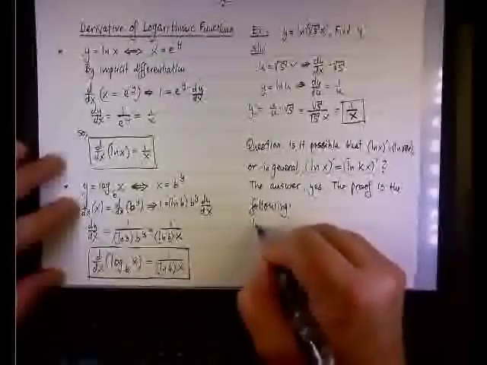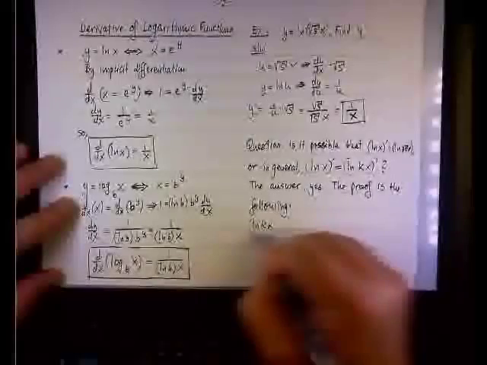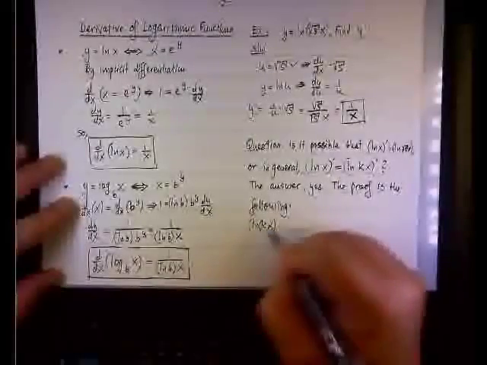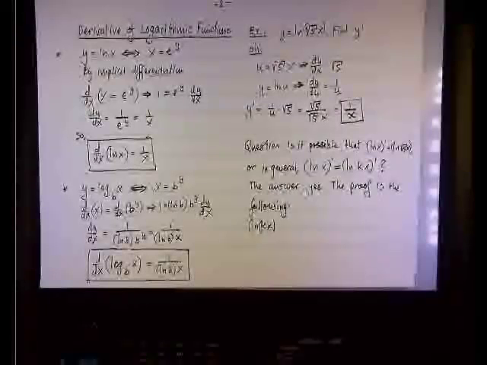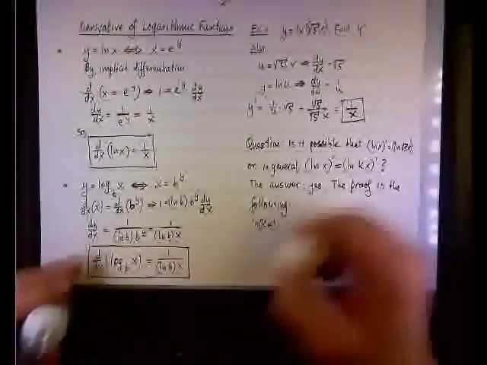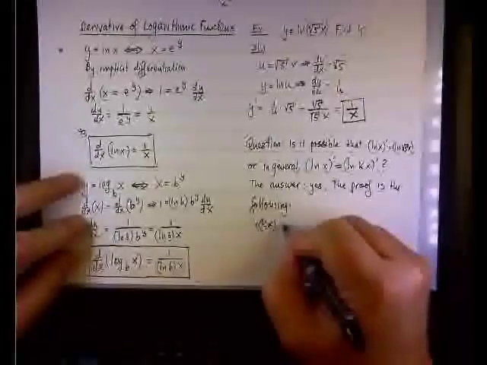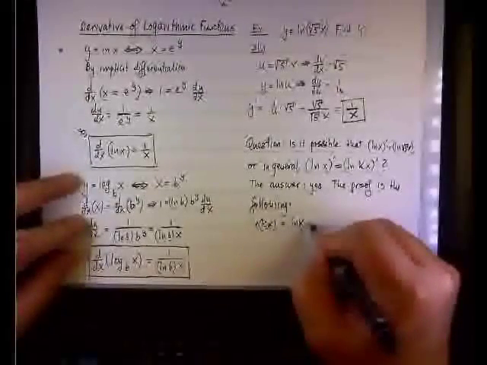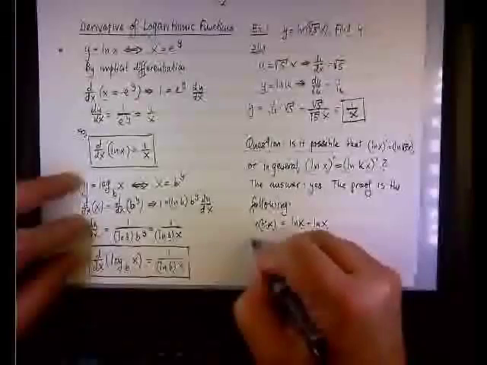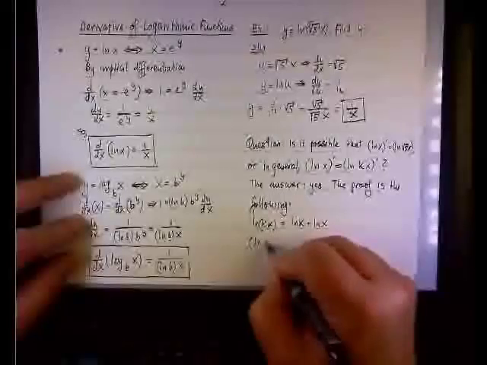If you look at the natural log of kx, right, the logarithm of a product is the sum of logarithms. Remember that rule from algebra? Okay. So it will be the natural log of k plus the natural log of x. Now take the derivative of the natural log of kx, like so.